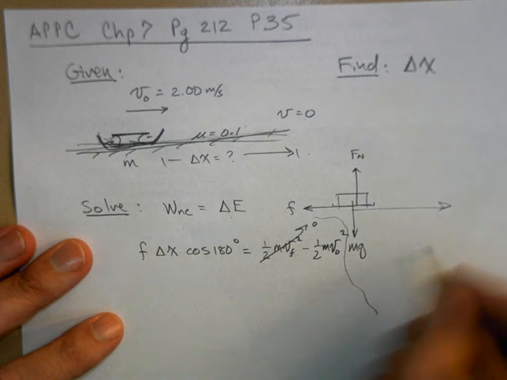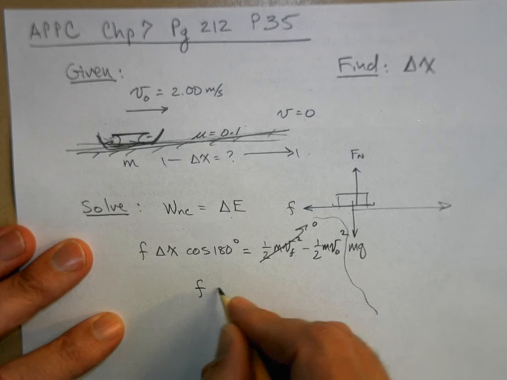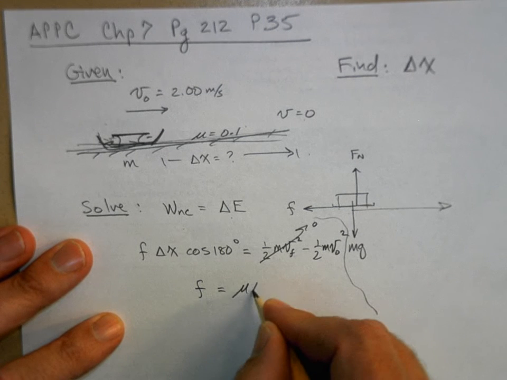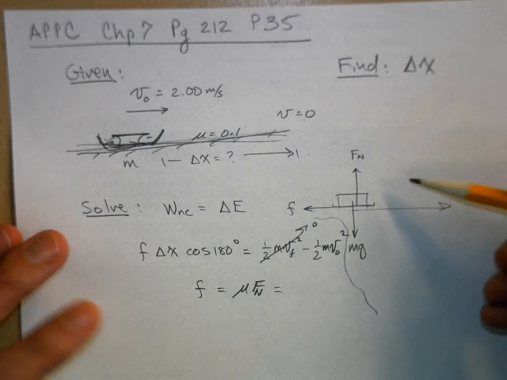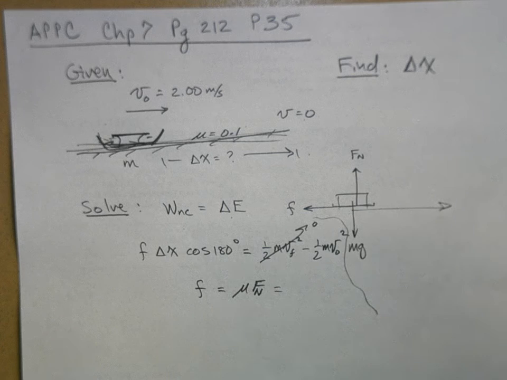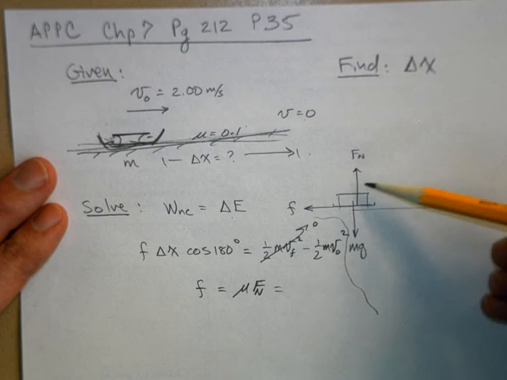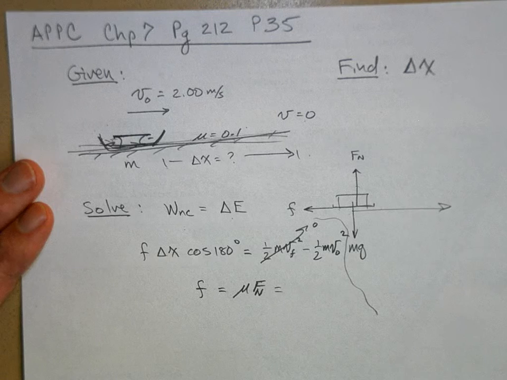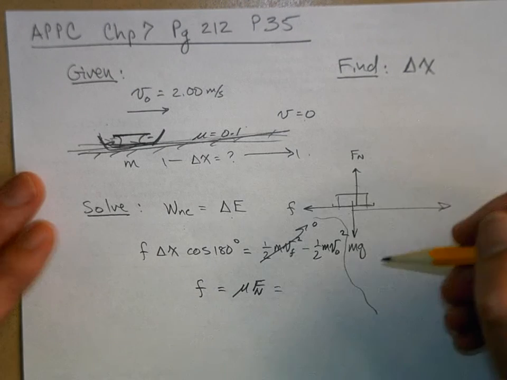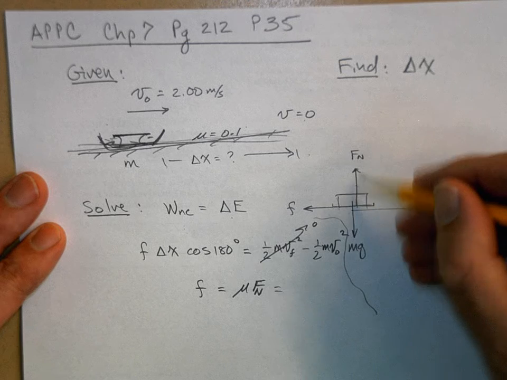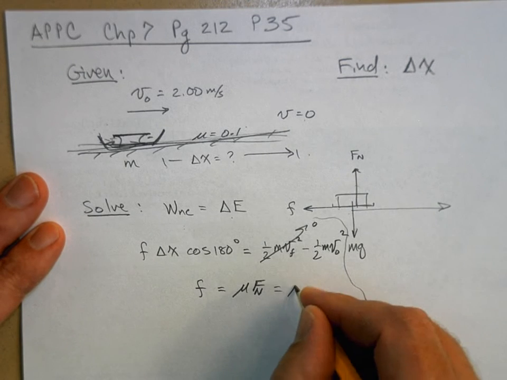Now we need an expression for the force of friction. Force of friction equals mu times the normal force. And I could be really formal about it and sum the forces in the y direction, set it equal to 0, and show that the normal force is just equal to the weight. But at this point, we've been doing this a long time, and you can look at the free body diagram and say, the normal force is just supporting the weight.